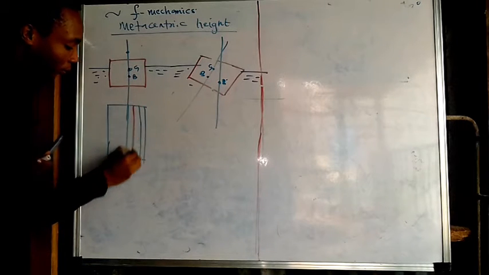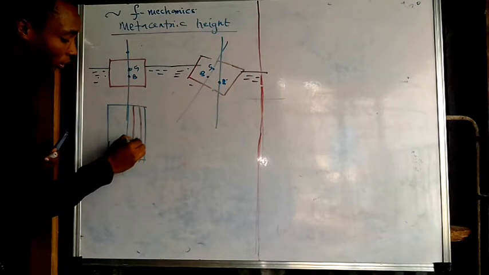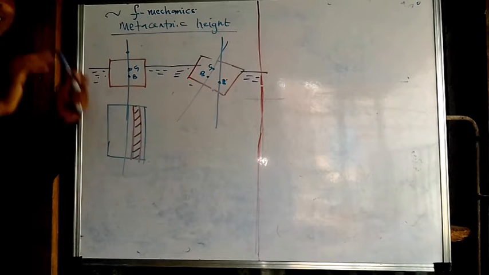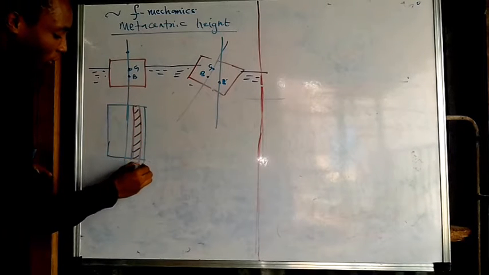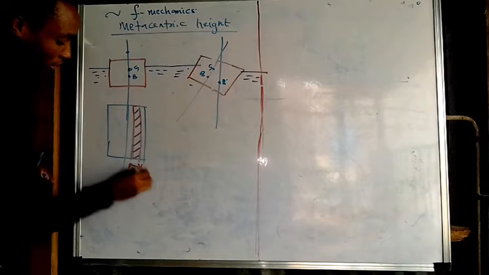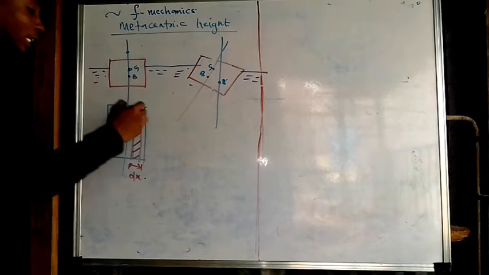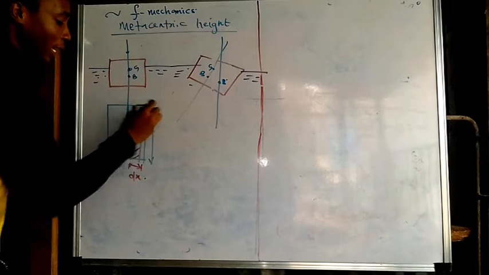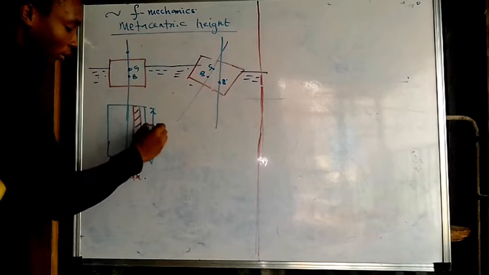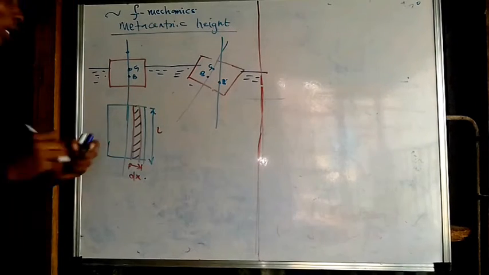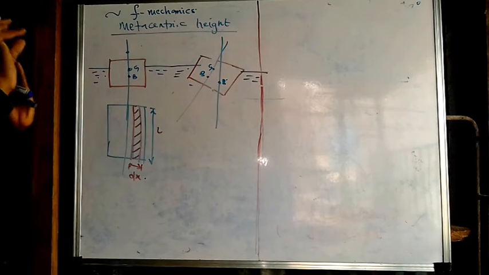Now let's consider a strip. The thickness of the strip, let's assume it to be dx, right? That's the thickness of the strip. Let's consider the length of the cylinder to be L. Now consider this strip. We'll consider a smaller portion of the strip.